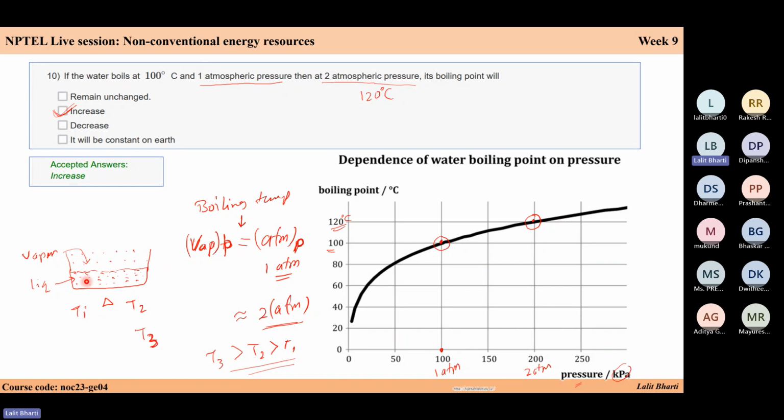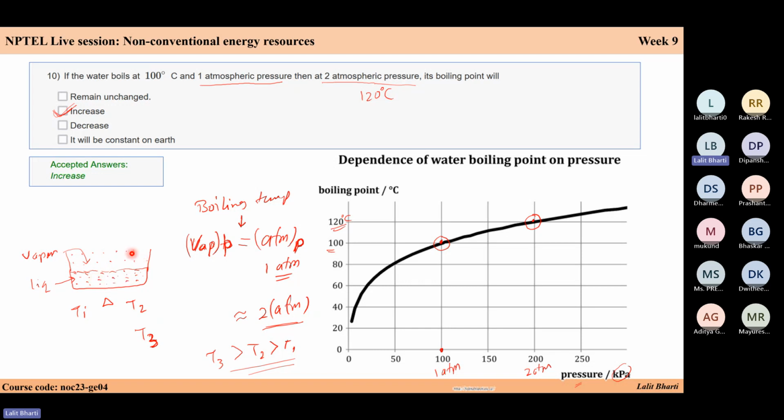What is a boiling point? Basically we have a liquid. Let's say this is our liquid. We always have some vapor of the liquid near the surface. Let's say this is H2O or water.